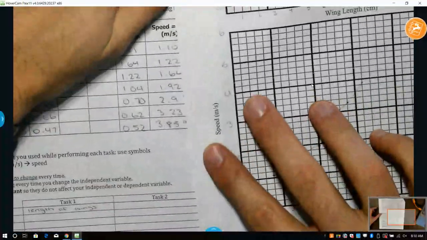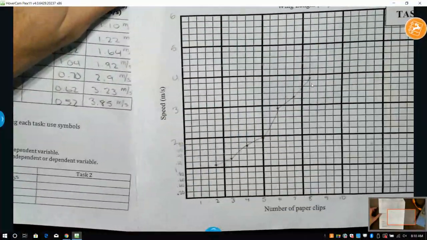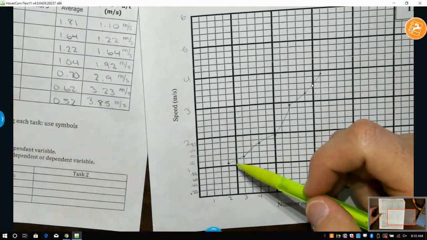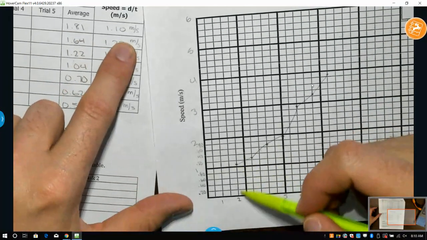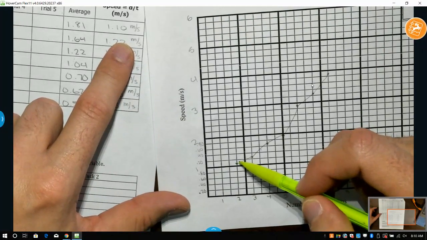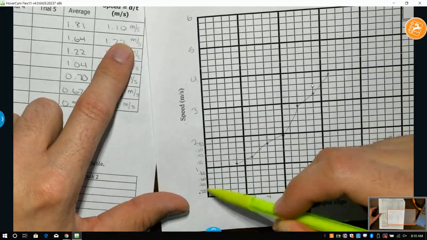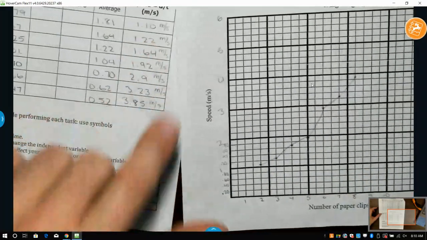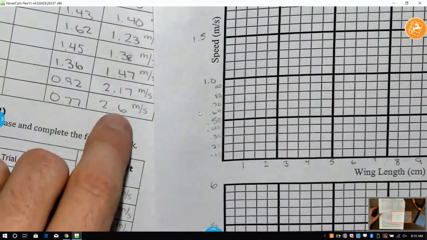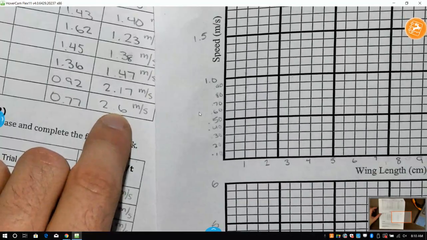So if I can just do this for a second. On this graph, they plotted their data points at the second paper clip. We were at a speed of about 1.1. So you went up by 0.2 on the y? Yeah, on the bottom we would go up by 0.2, because on the top, going up by 0.1s, I don't think many people would have had a speed of over 3 meters per second.